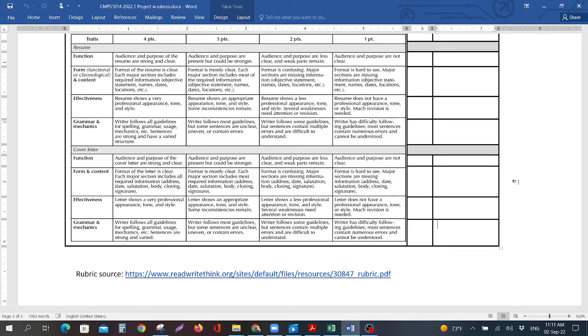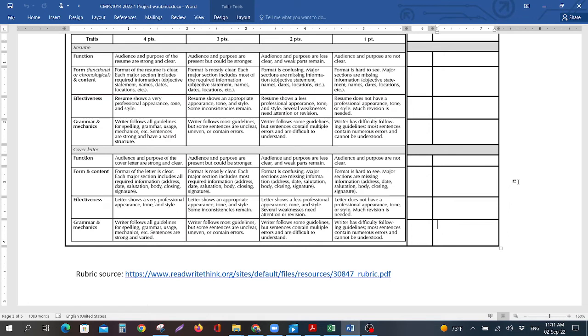Then it talks about the format. Is the letter clear? Does each major section include all of the required information? You provide a way to contact you. You have your greeting, closing, signature, and body, and everything is clearly defined. Then the letter also needs a professional appearance, tone, and style.